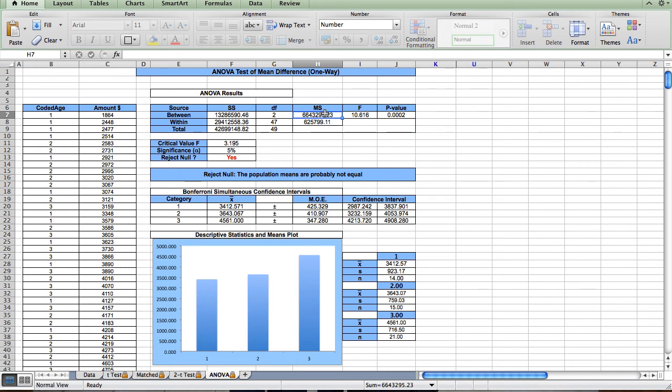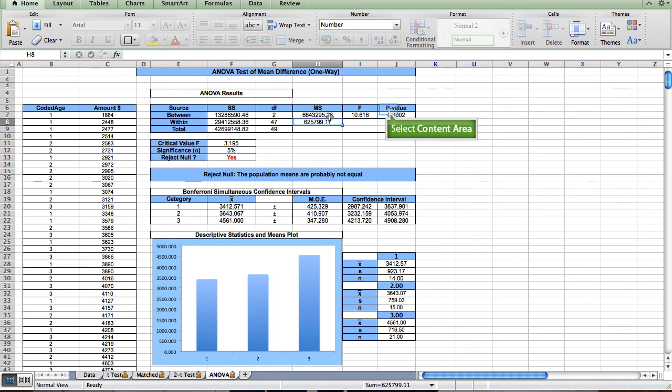Now that could be a lot or a little depending upon my pooled estimate of variability within the samples, which is measured by this number. The ratio that I see here is about 10.6 to 1, which is a lot. In other words, I have about 10.6 times as much variability between the means as I do within those three samples, which means that my observed difference goes a long, long way.